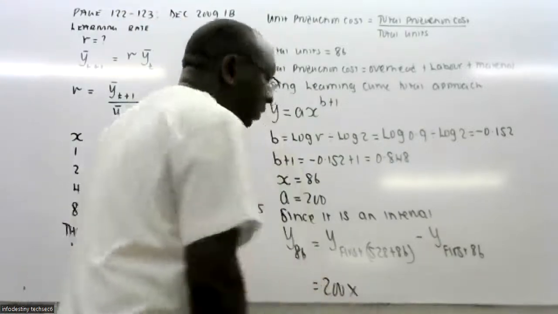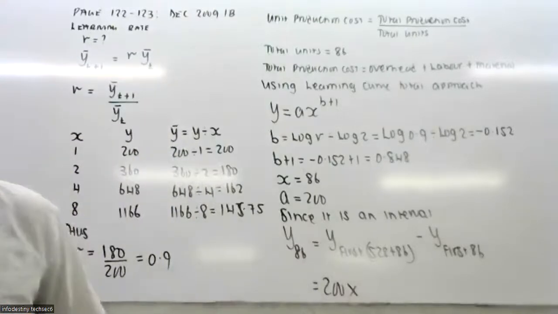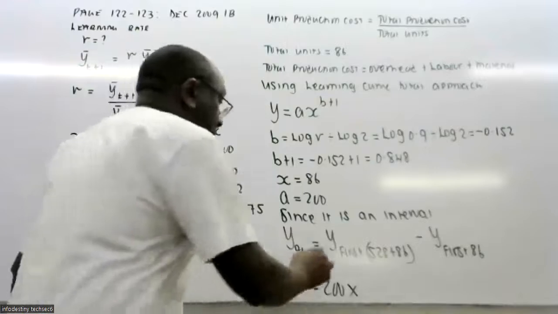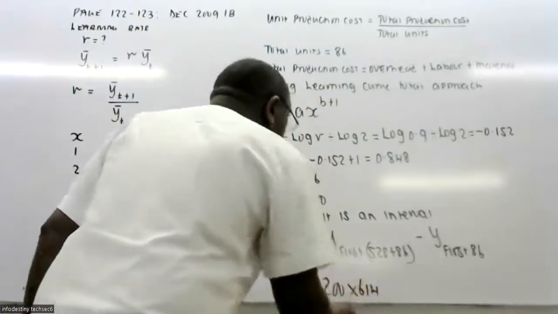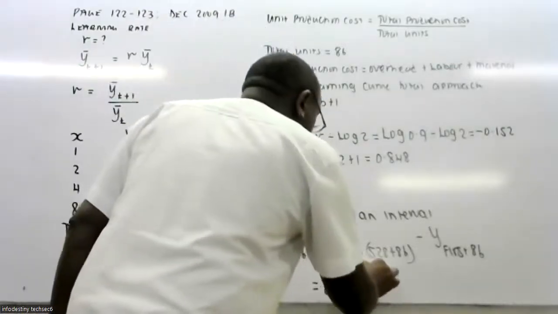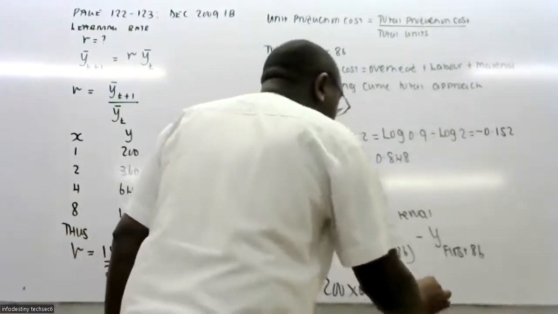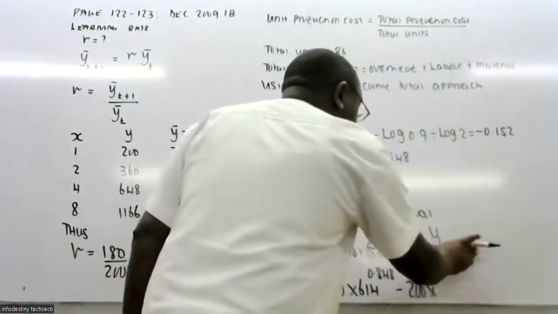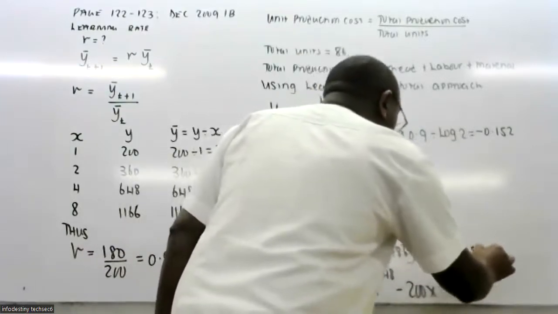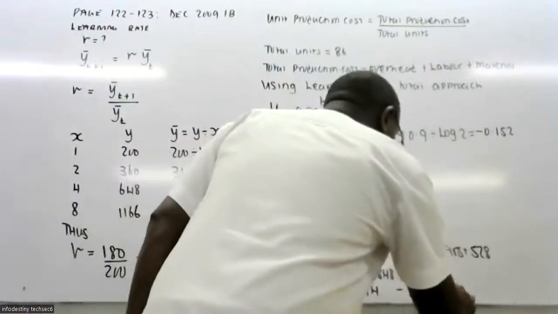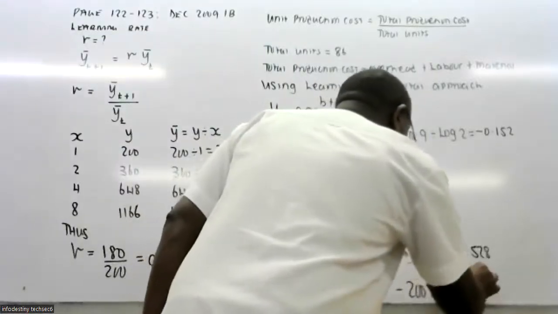So 200 times 528 plus 86, you get 614, raised to power 0.848, minus 200 times 528 raised to power 0.848.